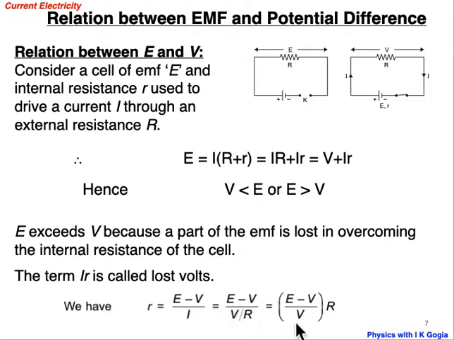So you get E minus V over V into capital R, the external resistance, as the value of the internal resistance. We will be using this expression later when we talk about the potentiometer.